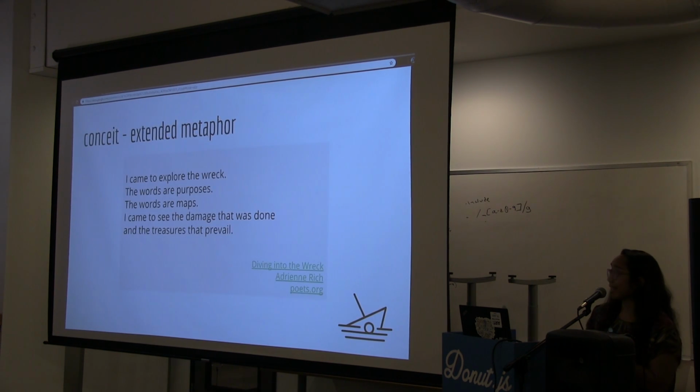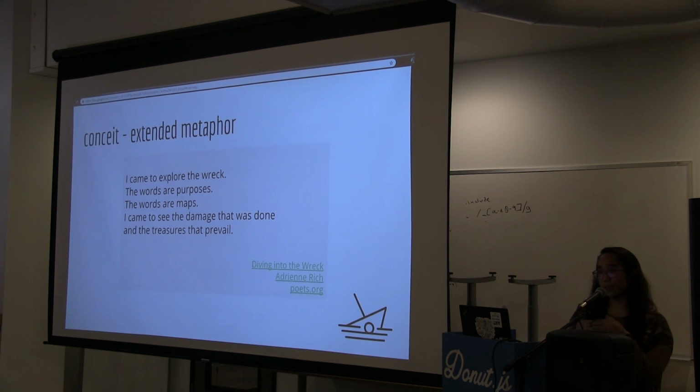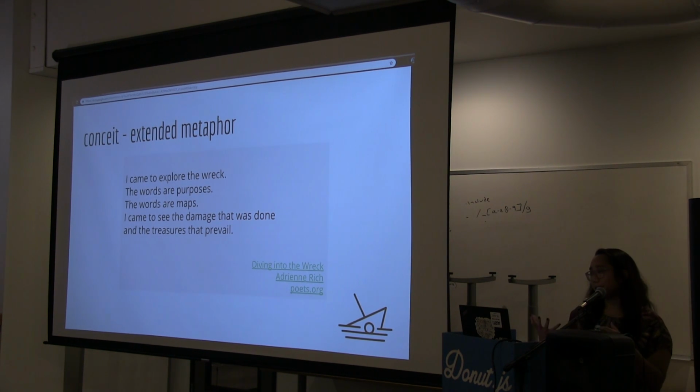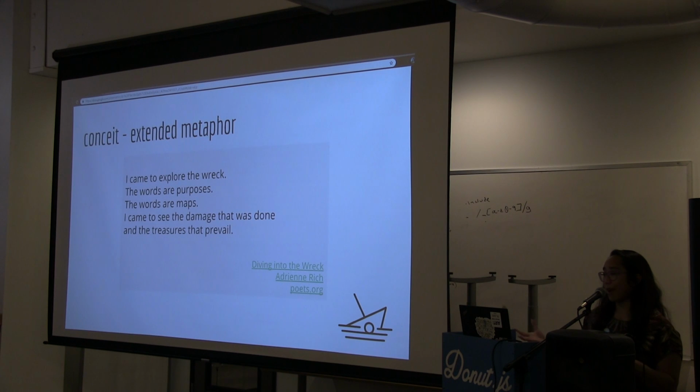So starting with conceit. Conceit is an extended metaphor, which means that it often goes for the entire poem or multiple stanzas, not just 1 or 2 lines. And it often compares 2 things you wouldn't think to pair together. So this is an excerpt from Adrienne Rich's poem, Diving into the Wreck. And it's a pretty lengthy poem describing a scuba diver's experience of exploring a shipwreck.